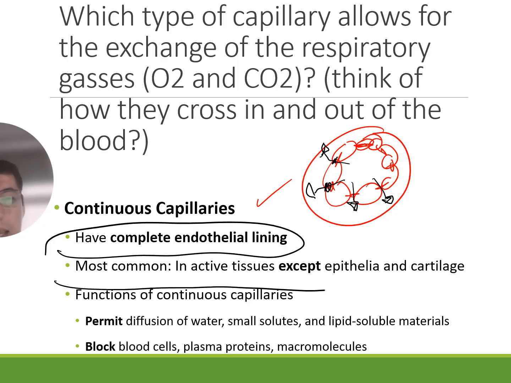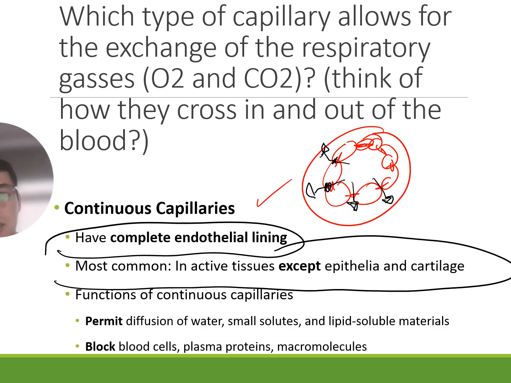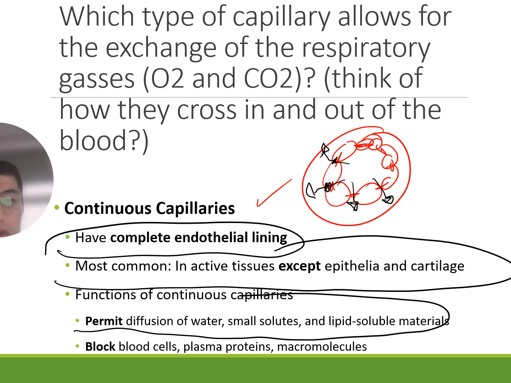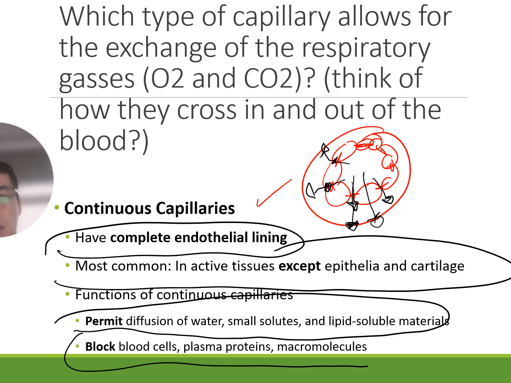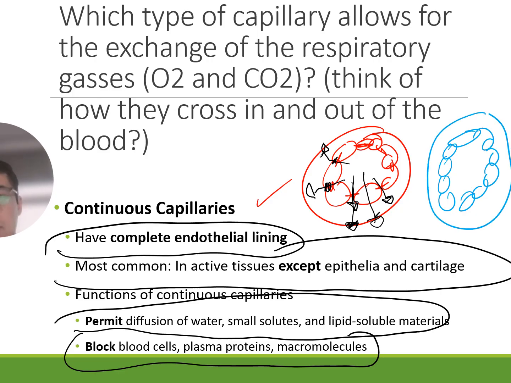Most are in active tissues, except the epithelium and the cartilage, all right? They permit the diffusion of water, solutes, and lipid soluble molecules. So the lipid soluble ones go across the cell, and the small solutes have to go in between that cleft. They do not allow plasma proteins, large molecules, or blood cells to go in and out because they have the tight junctions. This is different again from the fenestrated, because the fenestrated has something that we call what?